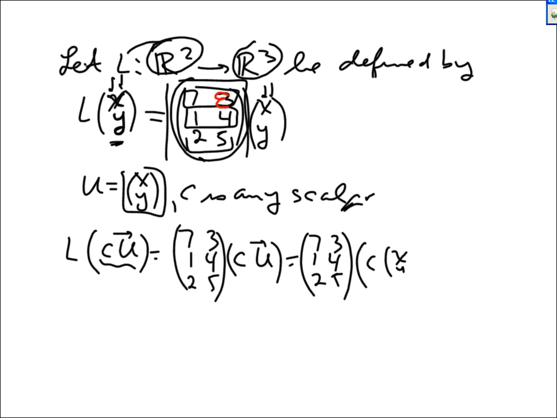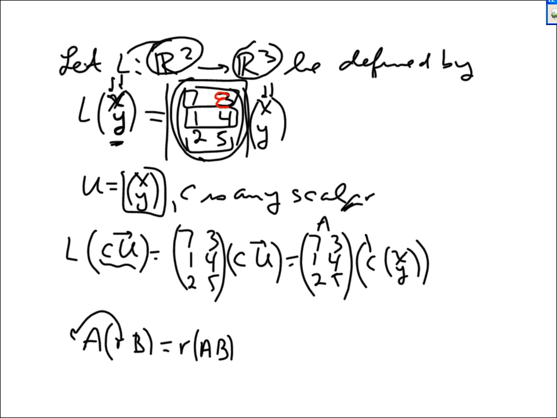It's a matrix xy. Now, we had a theorem that if you had A times RB, you can pull the R in front. This is R times A times B. Oh, you know, this is A, that's my R, and that's my B. This is the same thing as c times that matrix, 7, 3, 1, 4, 2, 5 times xy.